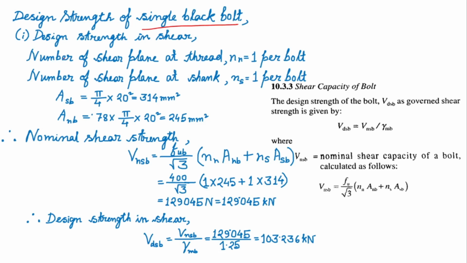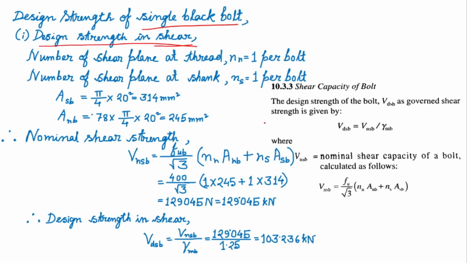If you remember the steps, first we calculate the design strength of the bolt against shear and then bearing. So as a first step, for design strength of single black bolt, we shall calculate the design strength in shear.